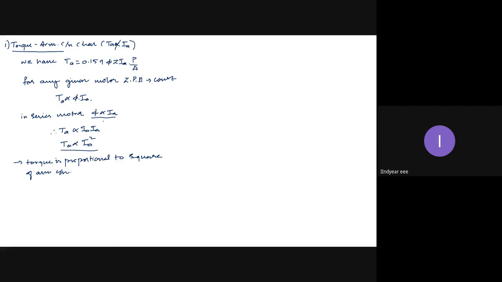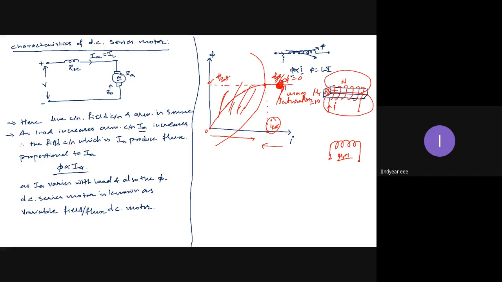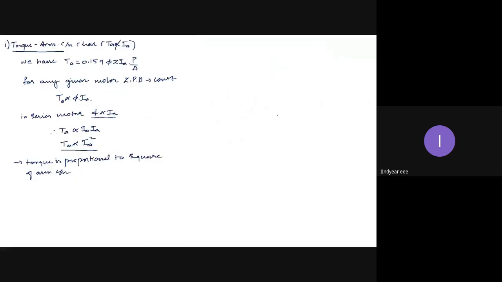Phi is proportional to Ia until magnetic saturation. Once magnetic saturation of the core occurs, then phi is no more proportional to Ia. Phi is independent of Ia. It will remain constant. Even if you increase the current 10 times, my flux will not change. It will remain the same. So phi is proportional to Ia only till saturation.